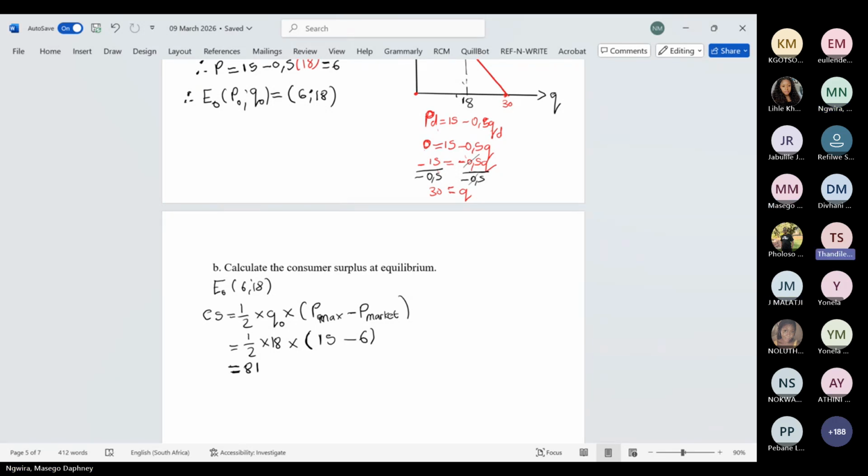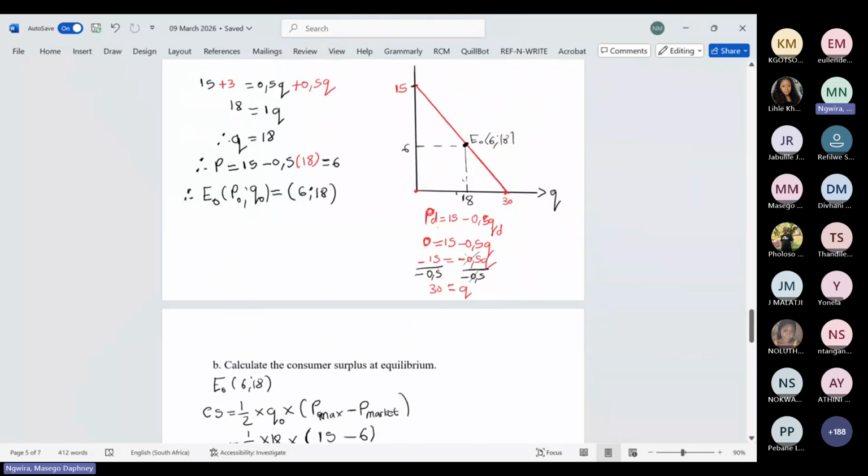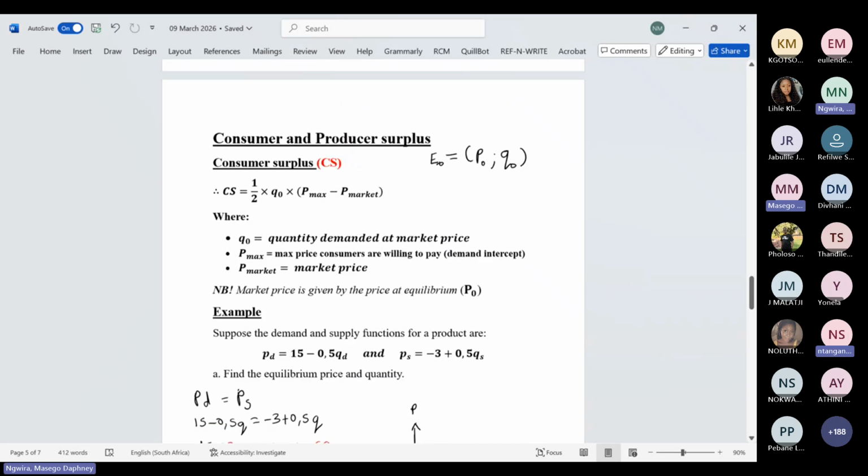Sorry, before you move on, how did we get the P max? P max, remember from the function? P max is your demand intercept. This is where your graph starts, remember?